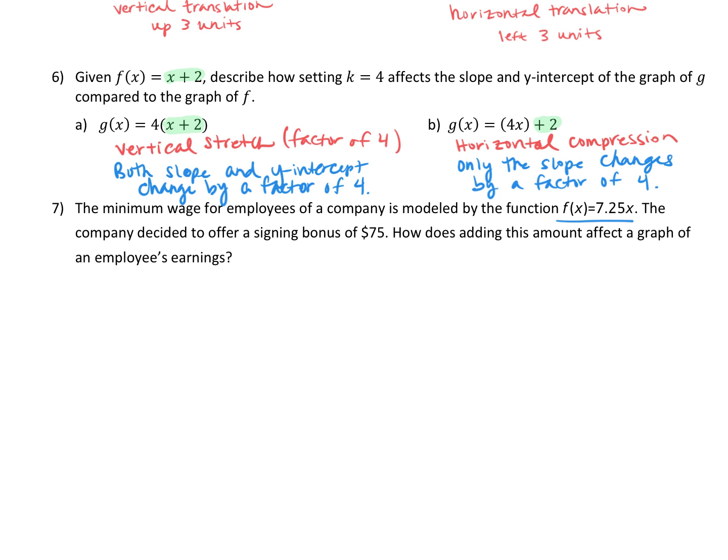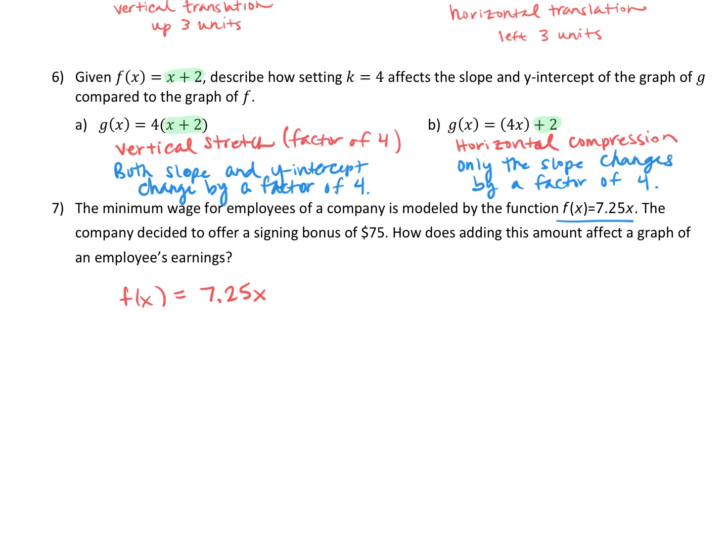All right, so if we look at our function, f of x equals 7.25x, they did not tell us a ton of information. I am going to speculate that x is representing the number of hours worked, and the 7.25 would be that hourly rate wage.